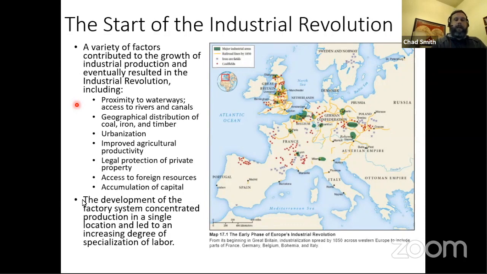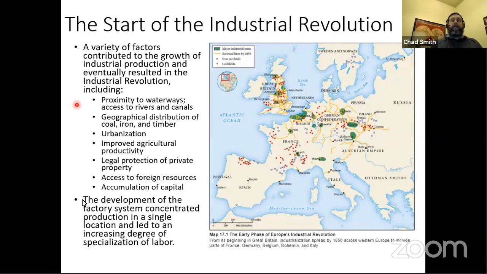Take, for example, urbanization. Urbanization is the process of people moving into and densely populating cities, and those cities growing. But urbanization can't be possible without some of these other things that are listed here. For example, improved agricultural productivity.